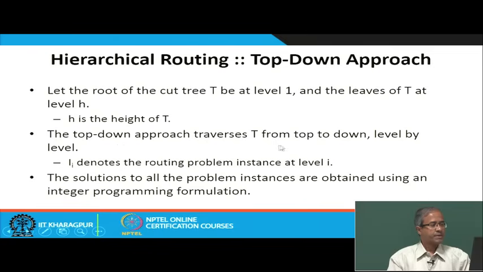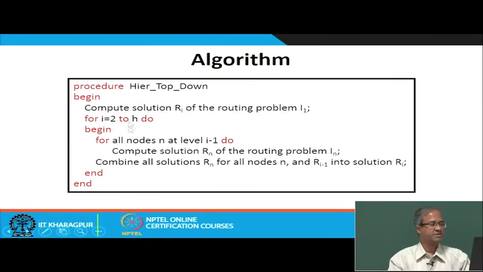The problem instance at level I, at every stage, you can solve using an integer programming problem, because they will be manageable and smaller in size. Without going into the detail, roughly this is the stepwise procedure: you compute the solution for the routing problem I1 for the trees starting from the root 2 to h, the leaf nodes.